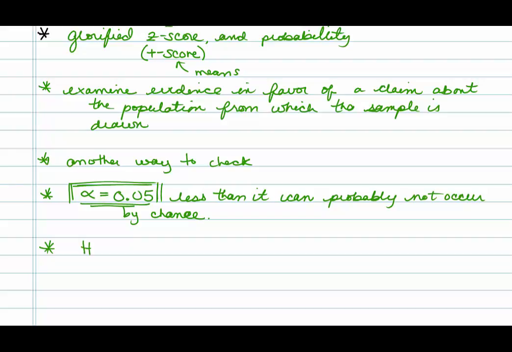A couple of questions that have arisen: we're going to be calling H0 the null hypothesis. And we're going to state these when we're solving our significance test. This is what we are testing to be true.